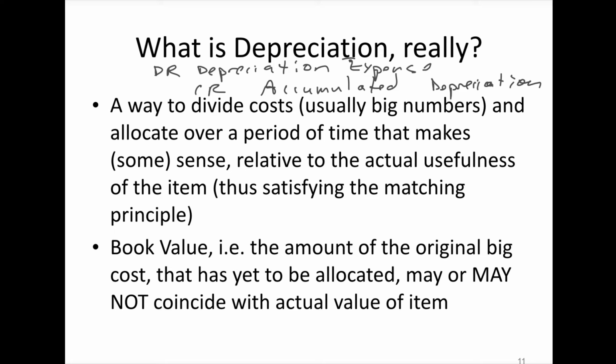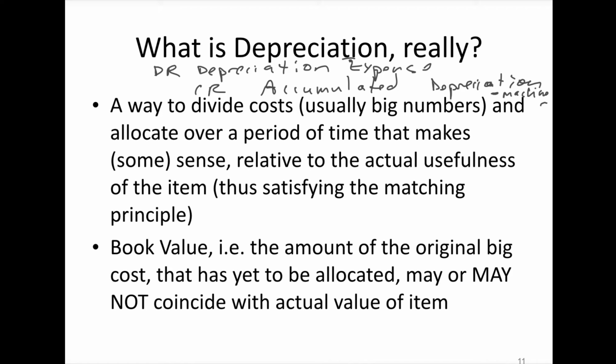The only part of it that sometimes is slightly different is you may have a dash at the end of this that says machinery, or some description of what asset class we're talking about as far as accumulated depreciation goes.